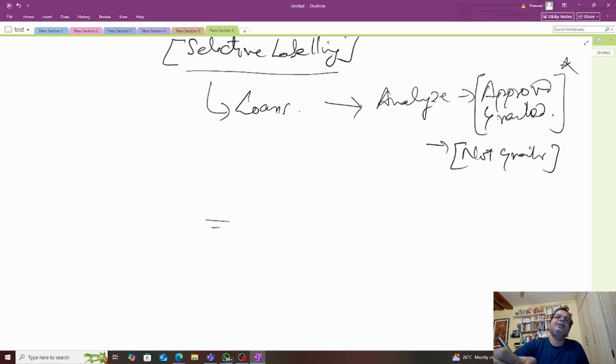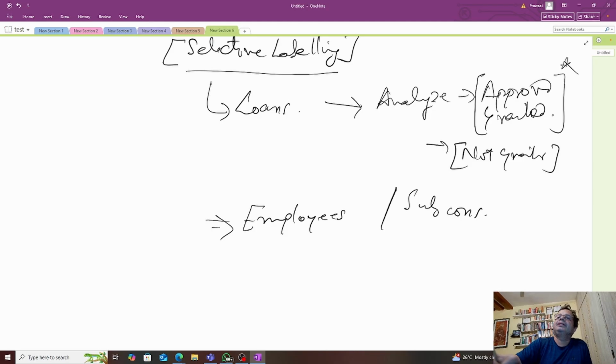Another example I can give you is in a lot of consulting firms, IT companies or other kinds of consulting firms, you will see that you have employees and you also have subcons, subcontractors. Now most of the companies track employee data. They will not track subcon data because they are not responsible for their careers and other things. Ideally subcons are supposed to be contractual staff who can be hired or fired at any point of time.